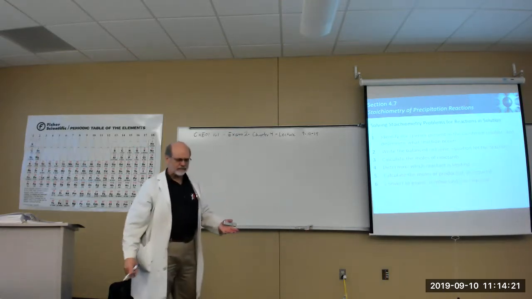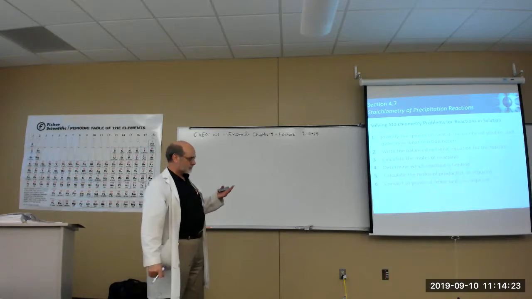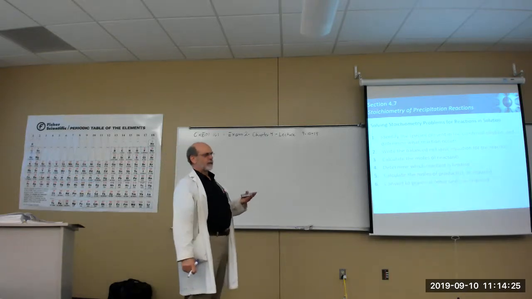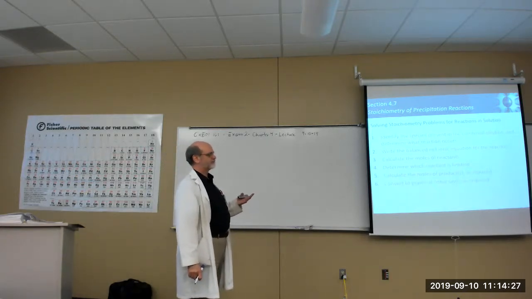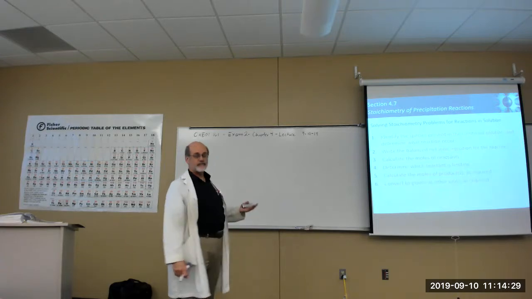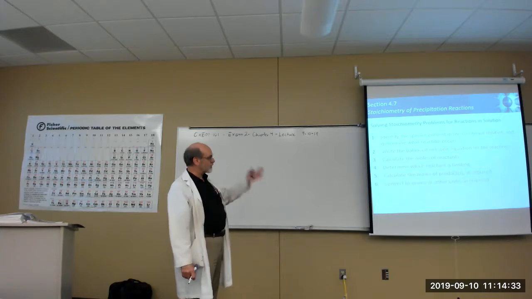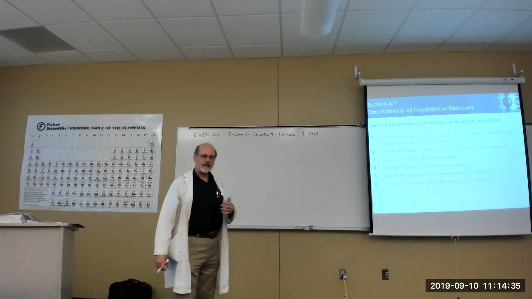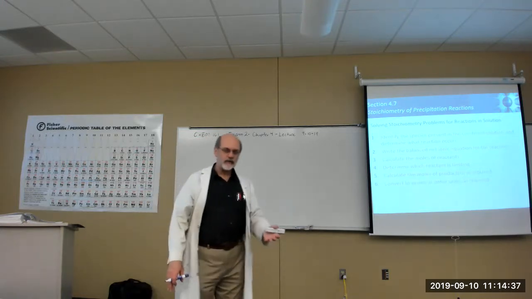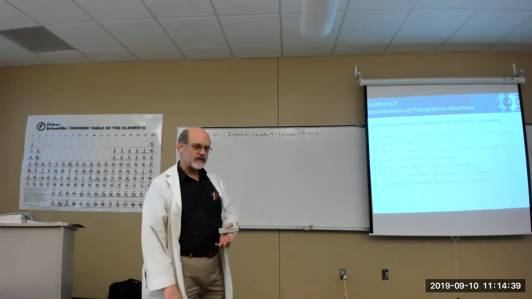In order to do that, we had to convert the mass to moles, which is simple. In solution stoichiometry, you're usually given a certain amount of solution and its concentration.